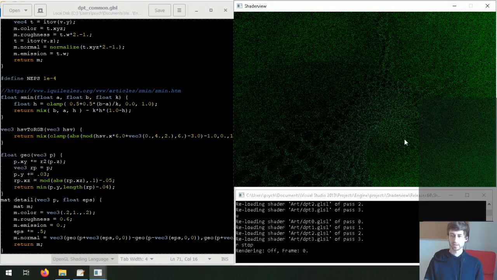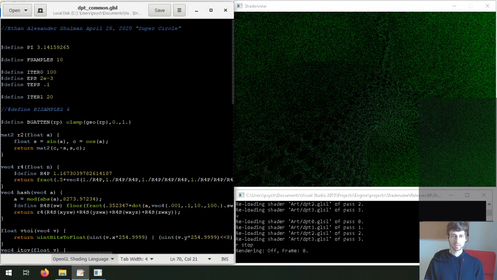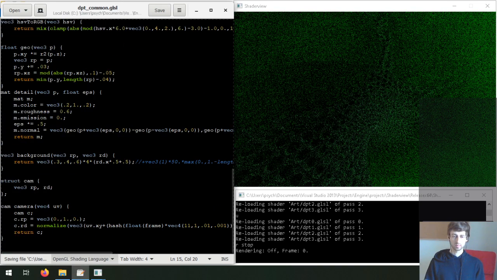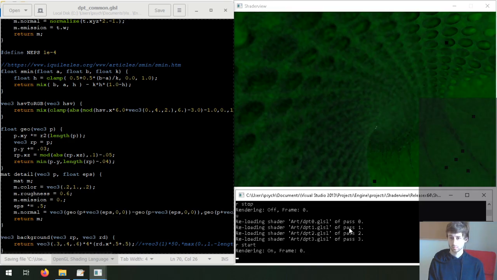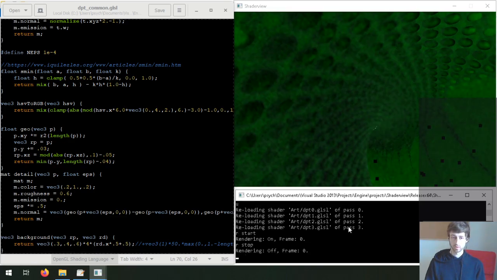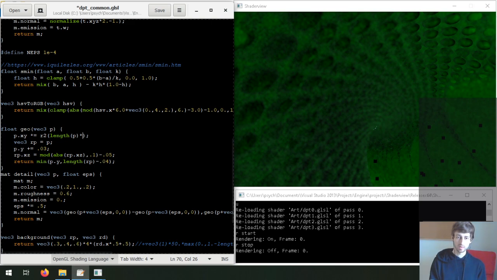Yeah, and now you can't see what's going on because no light gets in there. There we go, I think that works, doing length E.